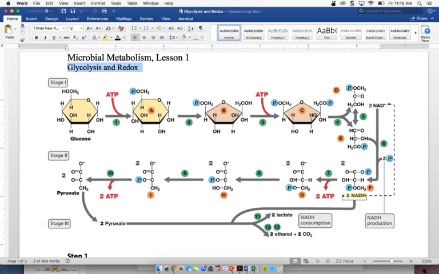And again, I'm not asking you to memorize this process of glycolysis. I'm not even going to ask you to memorize the Krebs cycle. But what I want you to do with this figure here is tell me what kind of reactions are happening here.